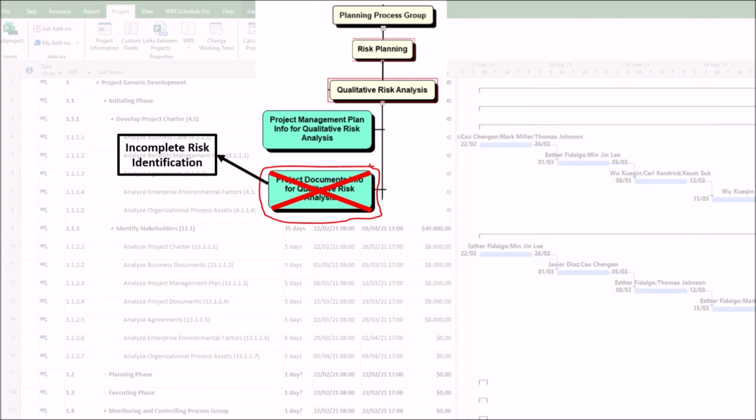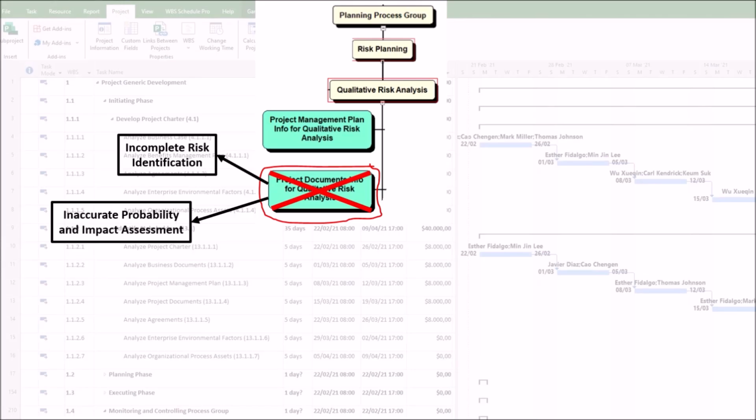Second, superficial risks. Risks are only identified at a high level, missing nuanced triggers and secondary effects described in detailed plans. As a result, the qualitative analysis is performed on an incomplete risk list, creating a false sense of security.